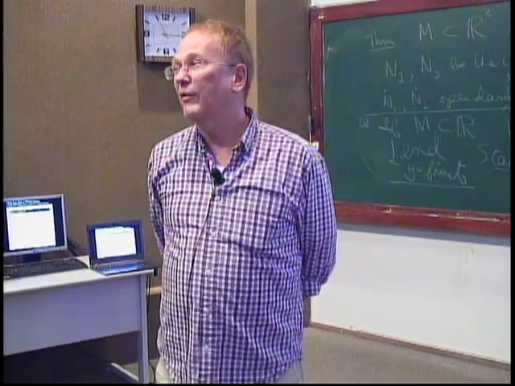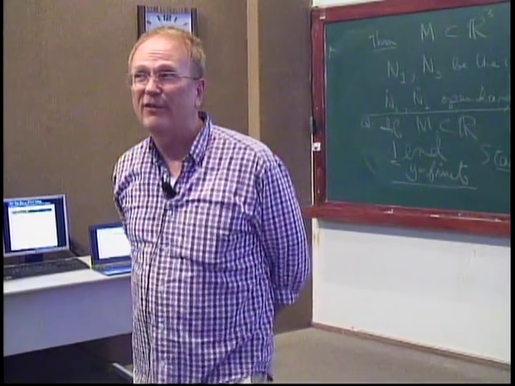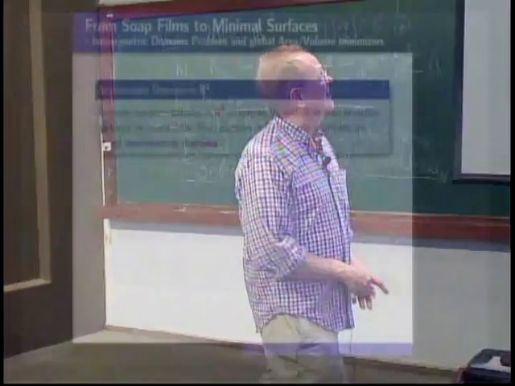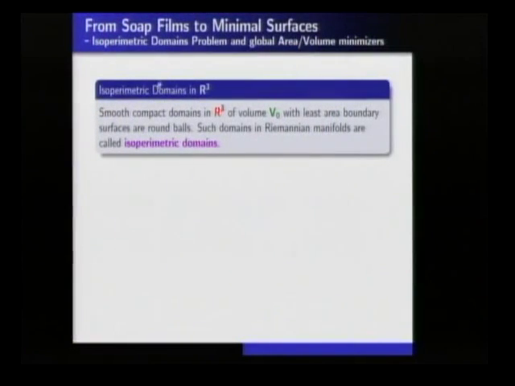You could ask, do such things exist in general? Do there exist solutions? And once you find solutions, what are the regularity properties for the boundary of the domains? To what extent are they unique? What can you say about their topology? You can ask lots of questions. But anyway, the question is, fix a volume in a manifold, and find a domain which has least surface area for its volume.